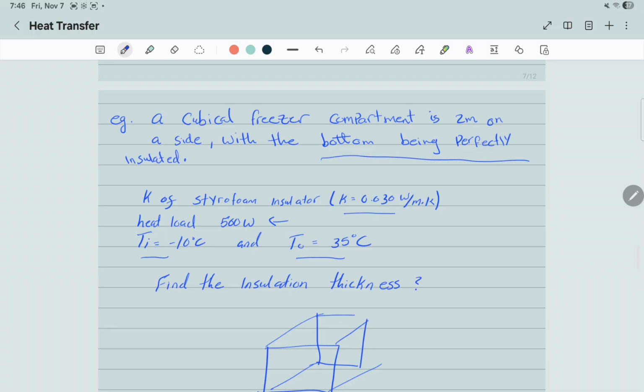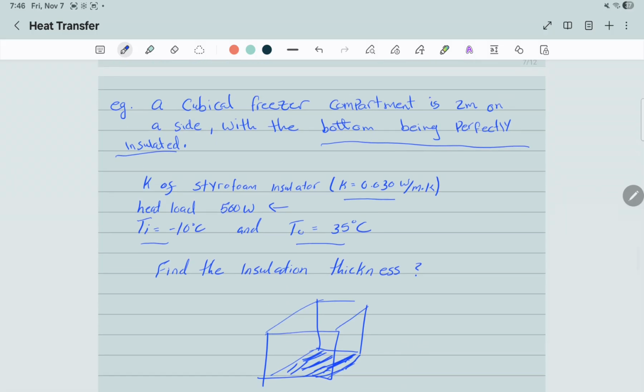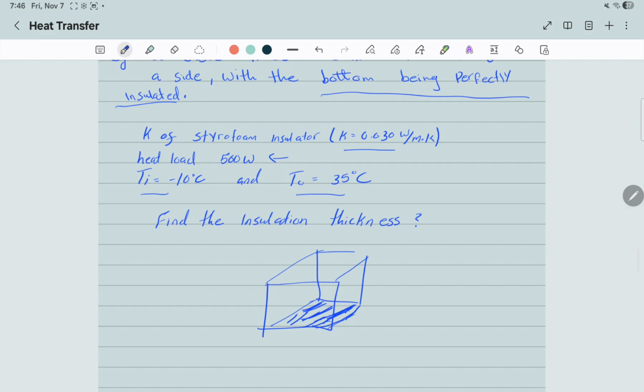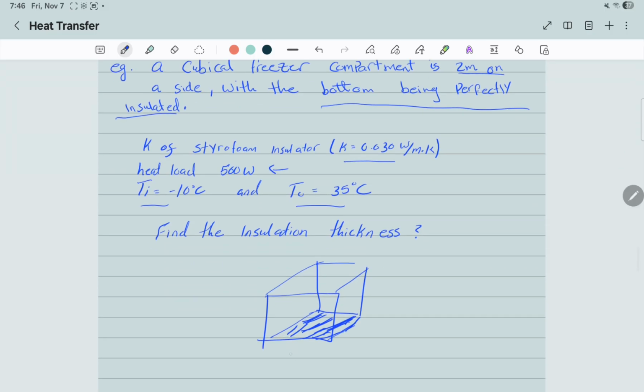The bottom being perfectly insulated means that there's no heat transfer, so we can eliminate any heat transfer from the bottom side. K is given, heat load is given, temperature inside. The dimensions of the freezer are 2 meters on each side: 2 meters on width, 2 meters on length, 2 meters on height.